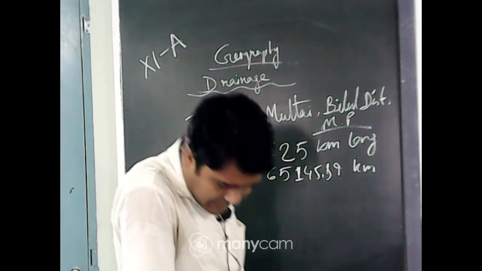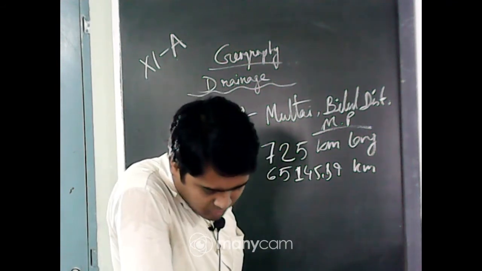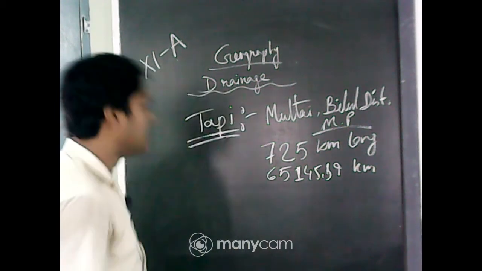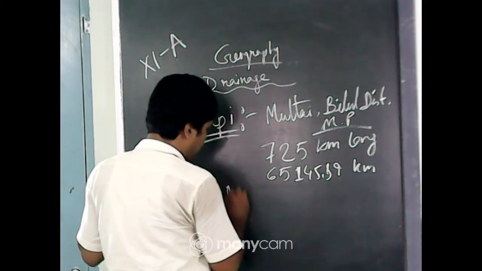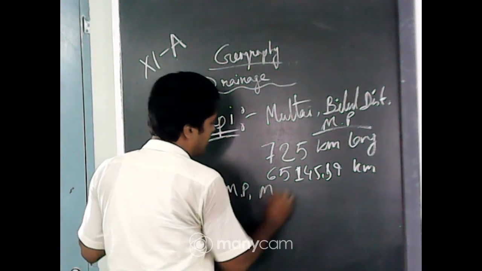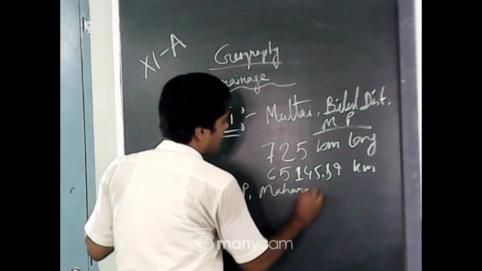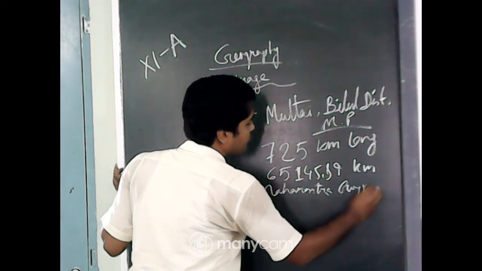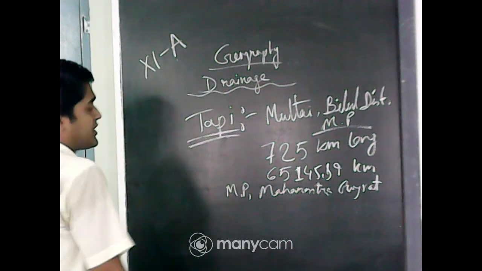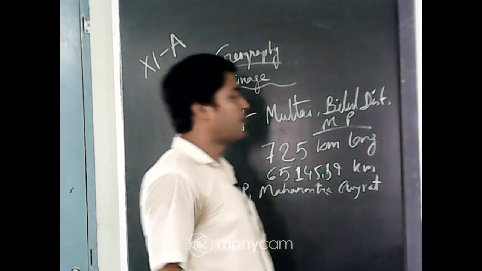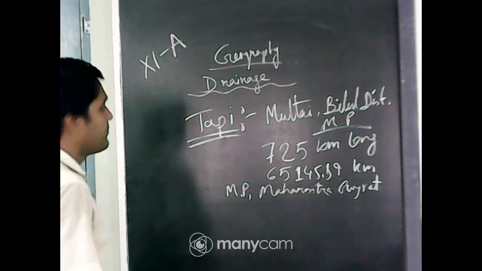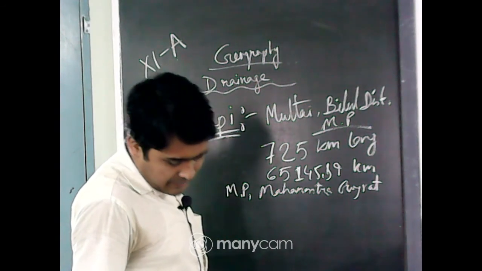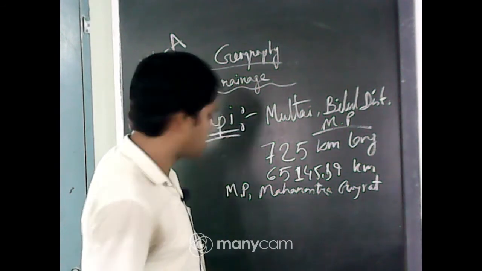Nearly 79% of its basin lies in Maharashtra, 15% in Madhya Pradesh, and the remaining 6% in Gujarat. Three states, Madhya Pradesh, Maharashtra, and Gujarat, are touched by the Tapi river basin, and the percentages are also mentioned in your book.